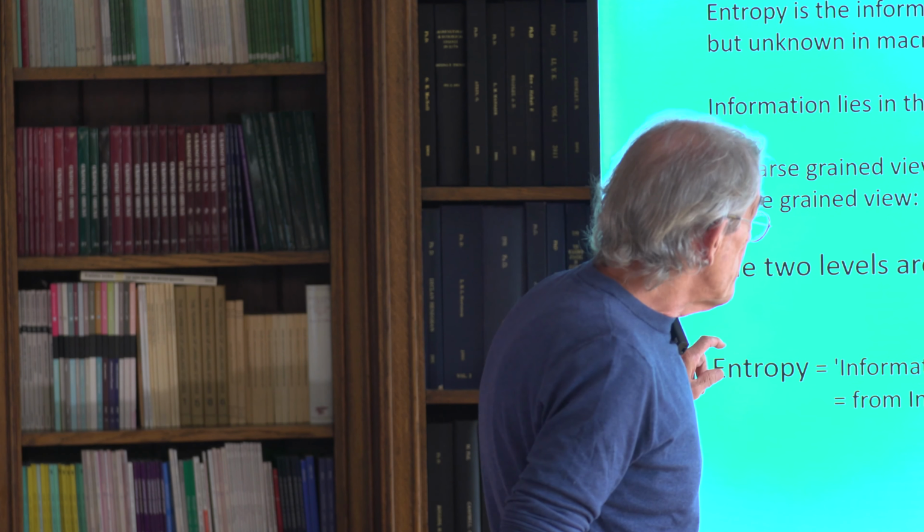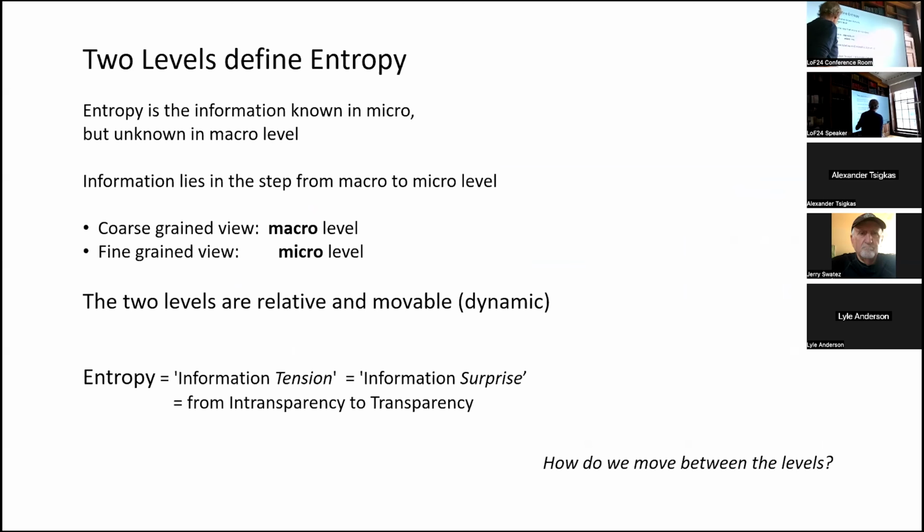So we can say the information in entropy is like a tension between these two levels. Or you can also say it is a surprise when I come to know where the key is. You can also say you move from intransparency to transparency.